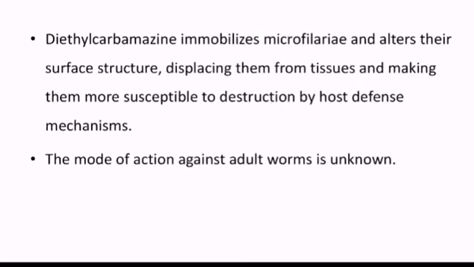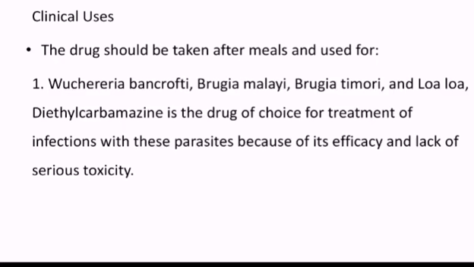Diethylcarbamazine immobilizes microfilariae and alters their surface structure, displacing them from tissues and making them more susceptible to destruction by host defense mechanisms. Its mode of action against other worms is unknown, but in microfilariae it causes immobilization.